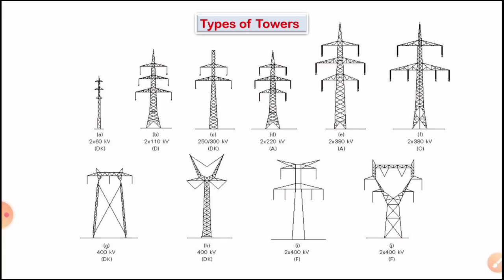It is the most important means of transmitting power. Transmission towers are used in high voltage AC systems as well as DC systems. They are also used in railway traction lines as well as in radio system designs.